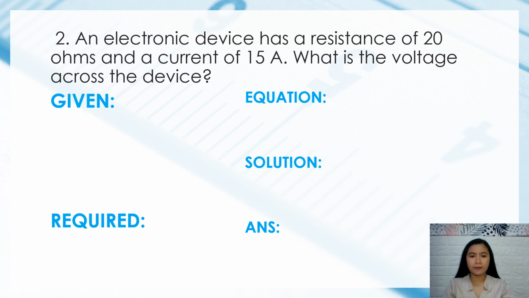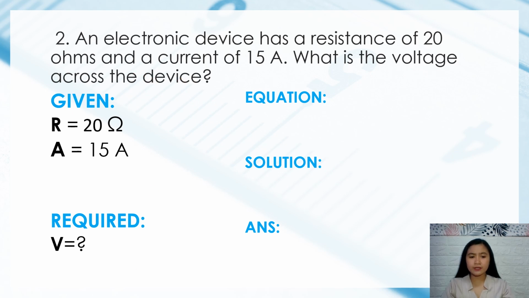For this problem, the given will be R, which is 20 ohms, the resistance, and I, 15 amperes, and the required is voltage. As you can see in the question, what is the voltage across the device?